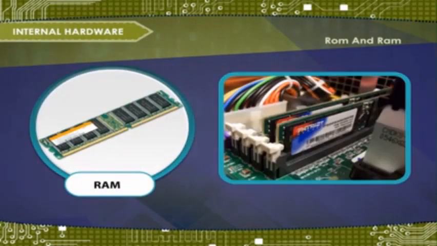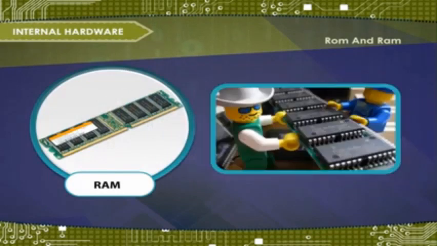RAM, random access memory. It is the temporary memory. The data or information stored in it gets erased when the computer is switched off. The data and instructions required by the computer for its working are transferred from the secondary storage devices to the RAM.